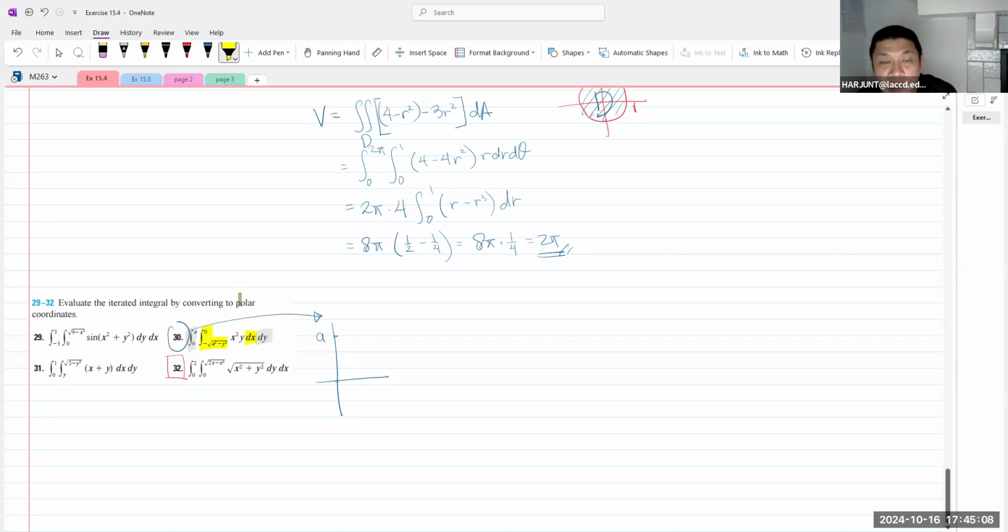So x equals negative square root of a squared minus y squared, which means x is negative or at most 0. When I square both sides and add y squared, that's actually part of the circle with radius a centered at the origin.